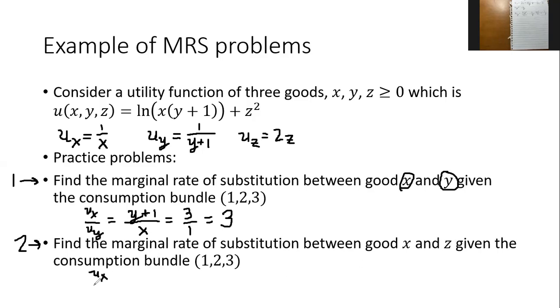So it'll be ux over, I'm getting really low on the screen. I hope it doesn't get cut off. Ux over uz equals, well, ux is 1 over x, and uz, divided by uz, well, that's like saying 1 over 2z, isn't it? And that was, oops, I did it again.